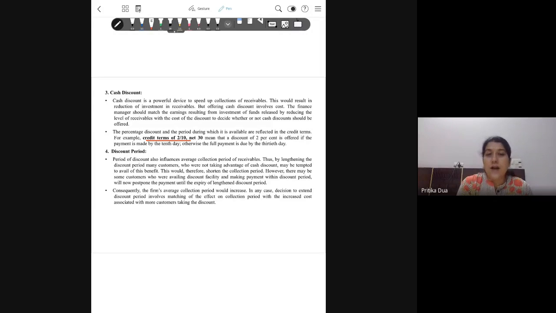Then a discount of 2% is offered if the payment is made by the 10th day. So 2 is the cash discount, 10 is the discount period, and 30 is your credit period. This is how the nomenclature for cash discount is given in financial terms.